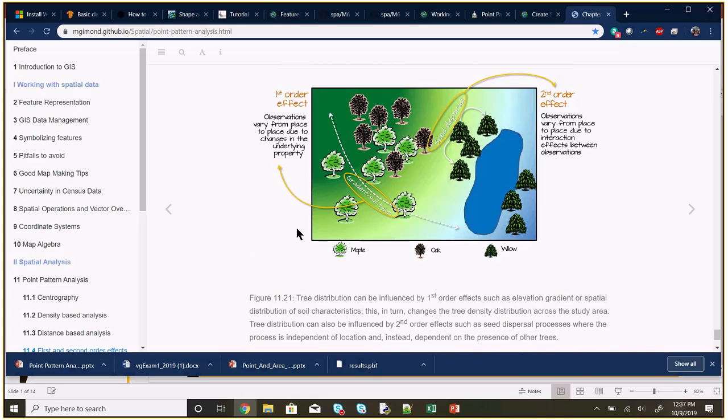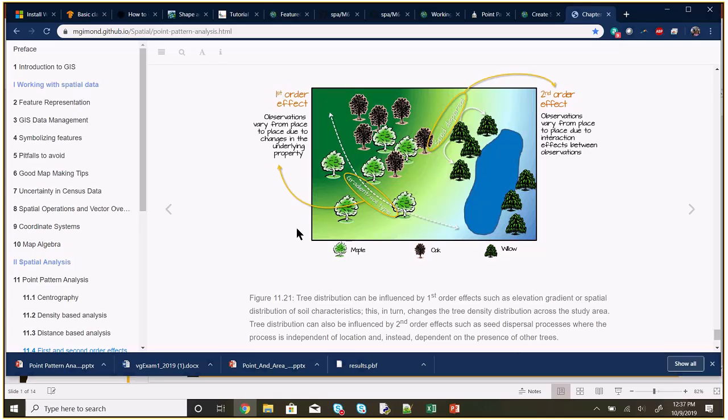Here we have a tree, and when a tree becomes established, it will propagate, and depending on its seed type, it propagates nearby. And so you expect to see an oak grow up and then create an oak grove because the acorns fall to the ground and then they start growing oak trees.